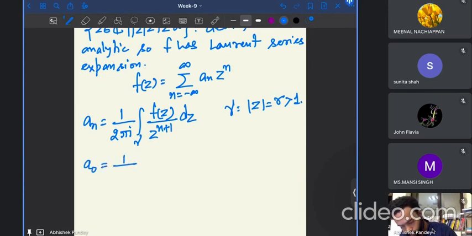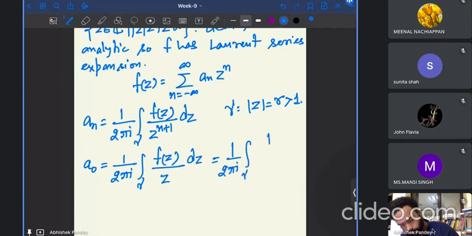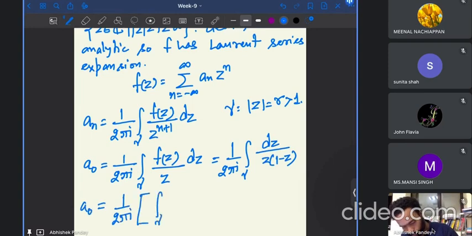So now let us say, what is a_0? It is 1 upon 2 pi i times the integral over gamma of f(z) upon z dz, which is nothing but 1 upon 2 pi i times the integral over gamma of dz upon z(1 - z). Now one can write this as 1 upon 2 pi i times the integral over gamma of dz upon (1 - z) plus the integral over gamma of dz upon z.